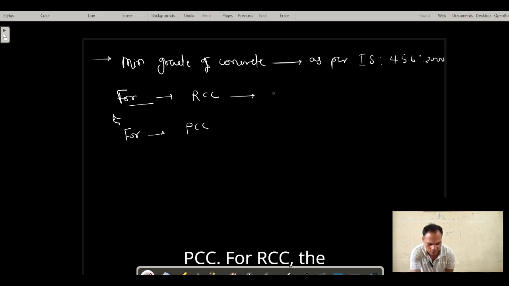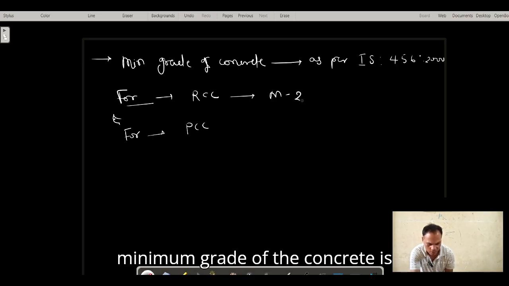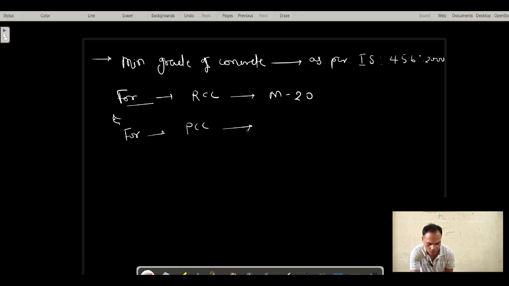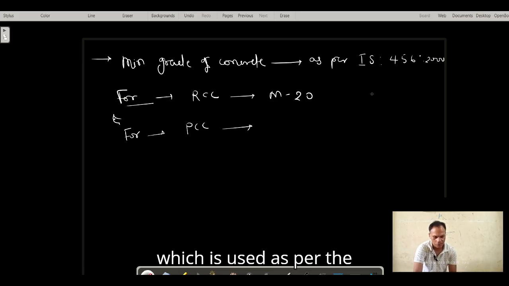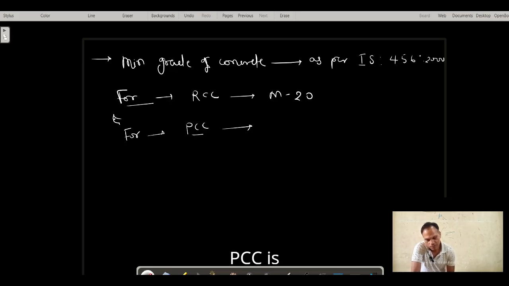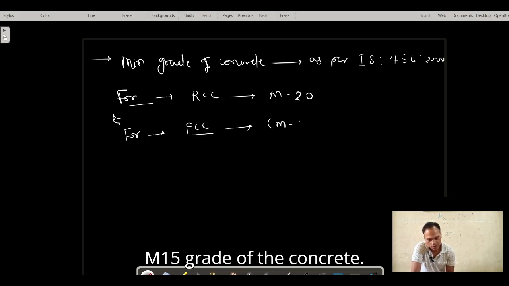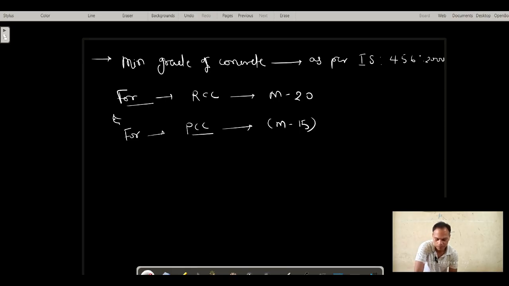For RCC, the minimum grade of the concrete is M20, which is used as per IS 456:2000, and for the PCC it is M15 grade of the concrete.